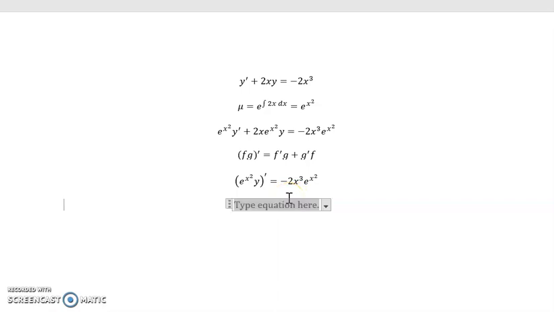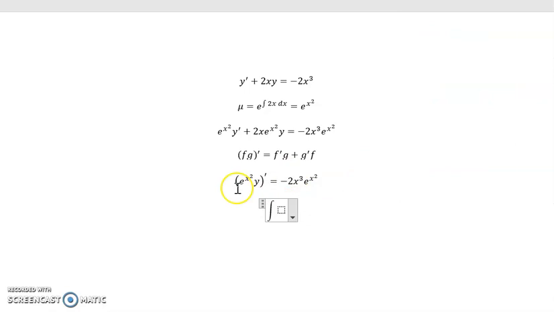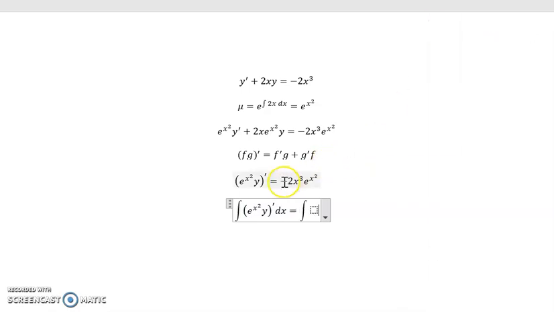So we've got the integral of this dx equals the integral of this dx.